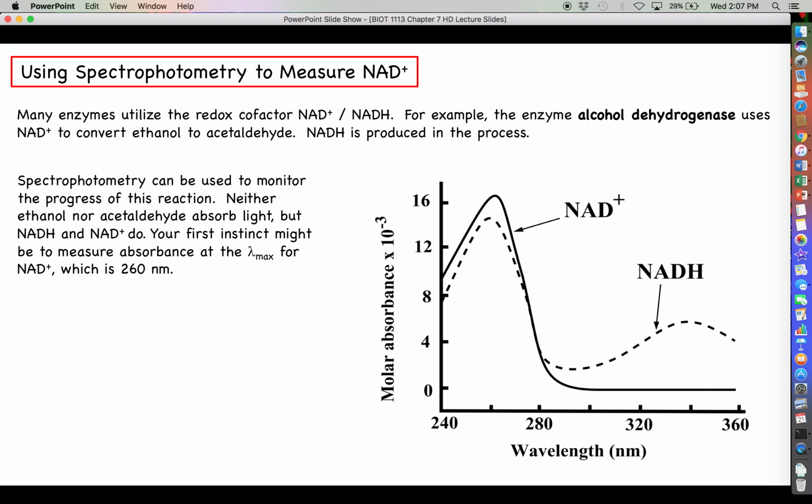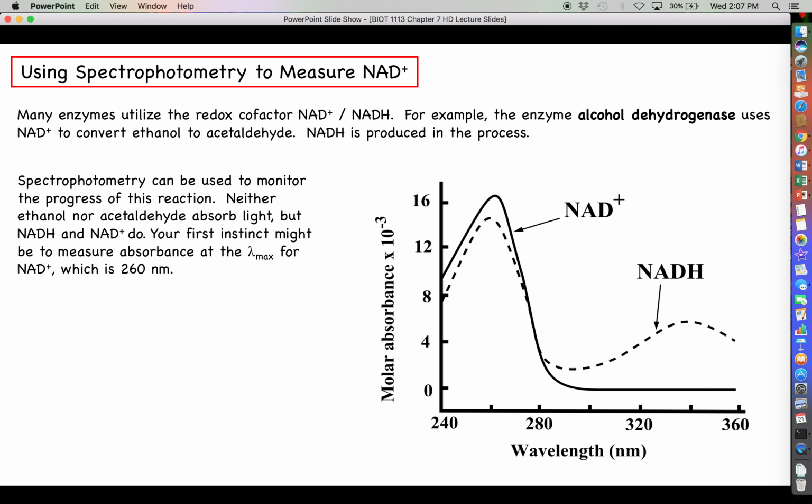But lucky for us, NADH and NAD+ do absorb UV light. If you look at the absorption spectrum for both NAD+ and NADH, you'll notice that we get a lambda max at about 260 nanometers. That might be your first instinct here.